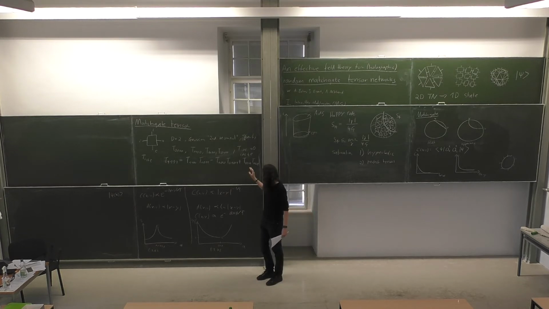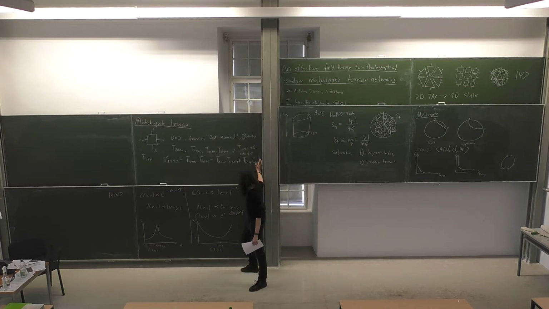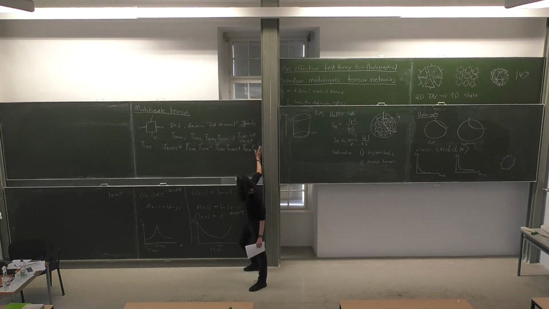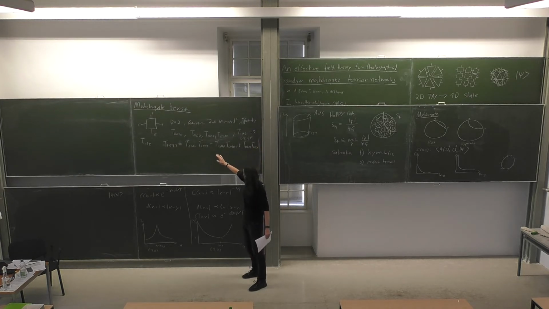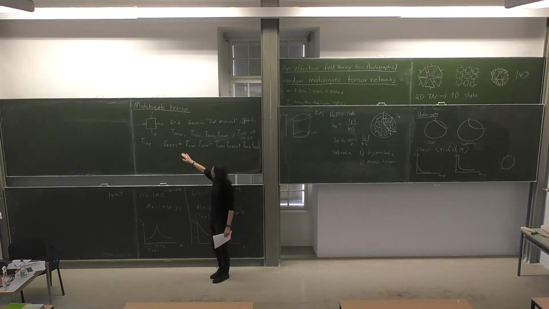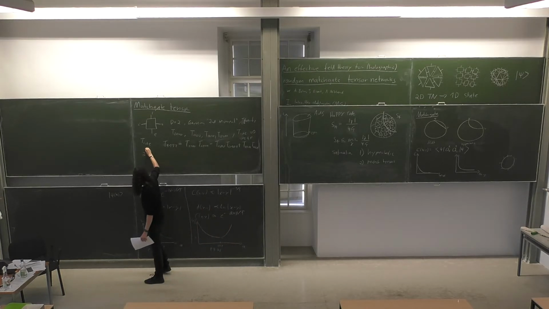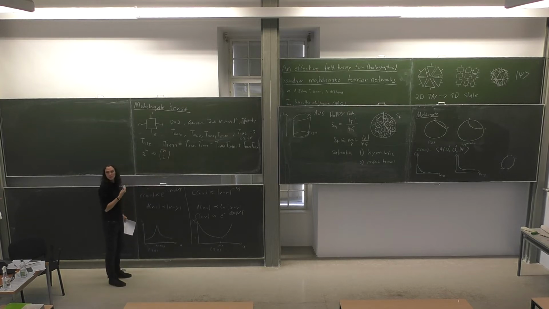Another way to write this: first of all, these tensors, instead of having 2 to the n independent entries, have n over 2 independent entries, just the so-called second moments.